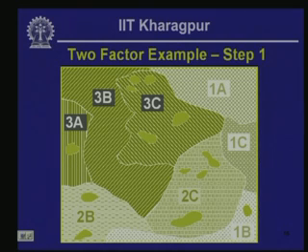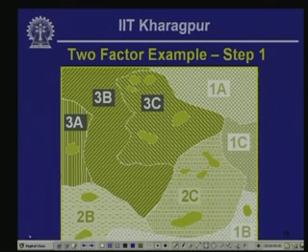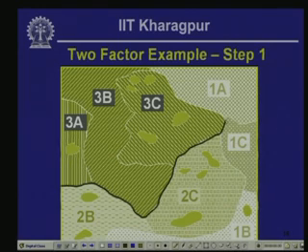Let us consider an example. Let us say you are considering a particular area underlain by 3 different types of rocks. The first type of rock is indicated by the orange shading, and this is the outline of the area underlain by rock type 1.